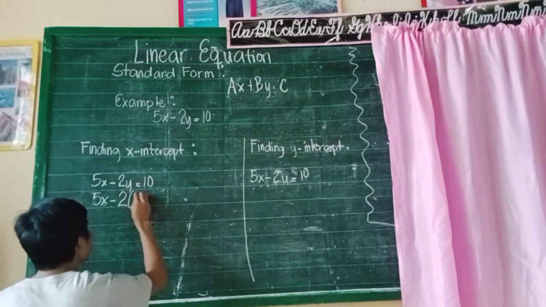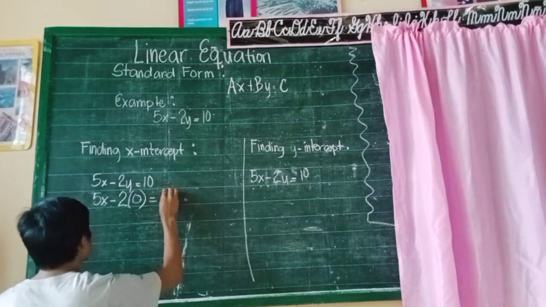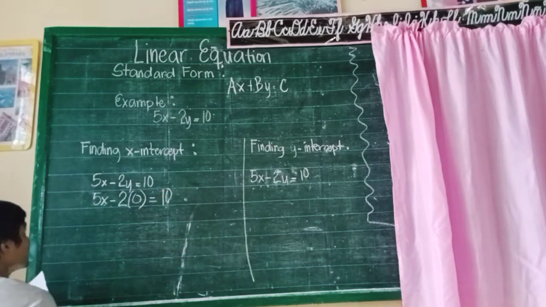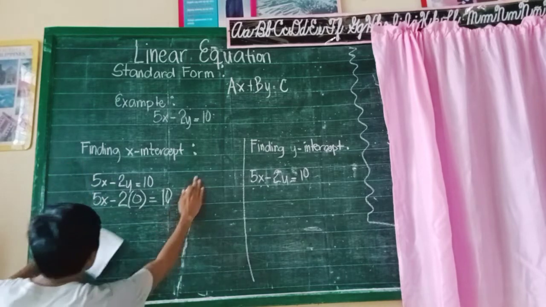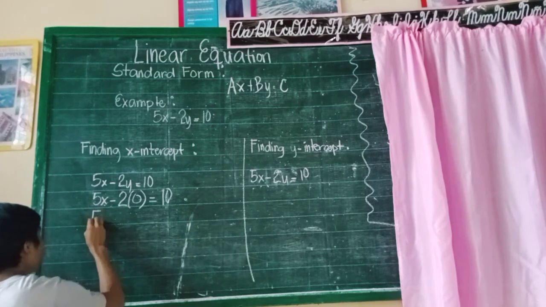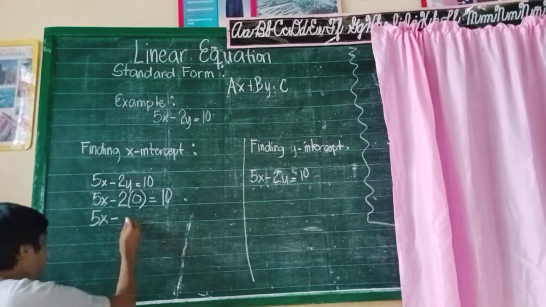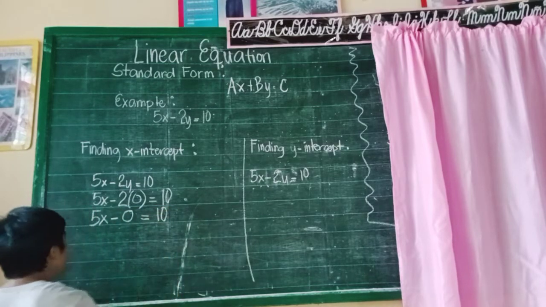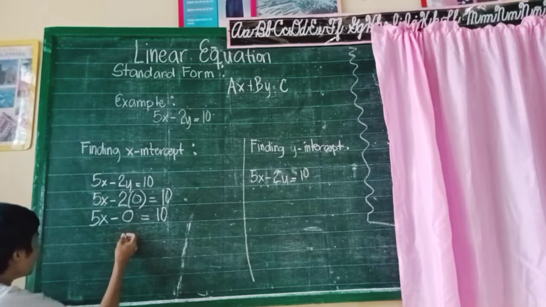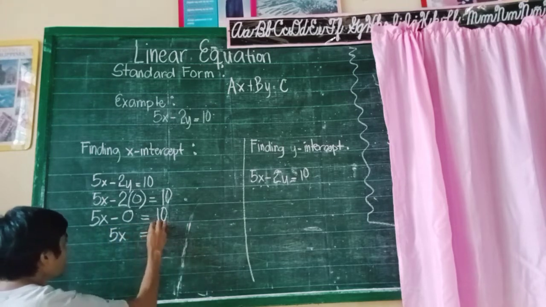So we have 5x, 2 times 0 is 0, equals 10. So we would not include 0, so we have 5x is equal to 10.